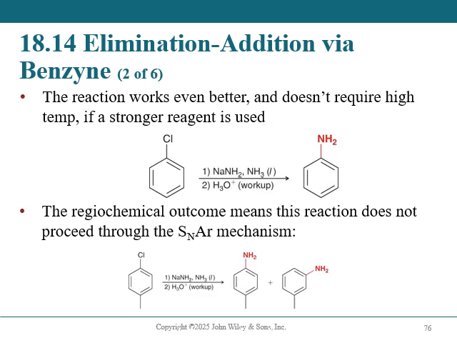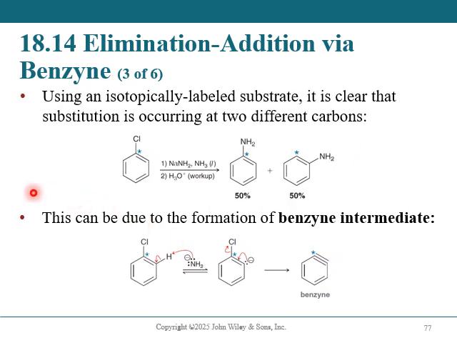The reaction works even better and doesn't require high temperature if a stronger reagent is used. The regiochemical outcome means this reaction does not proceed through an SNAr mechanism. Using an isotopically labeled substrate, it is clear that substitution is occurring at two different carbons. So you can see here, you actually have the substitution happening both here and here.